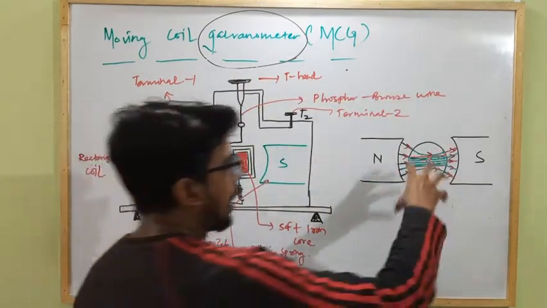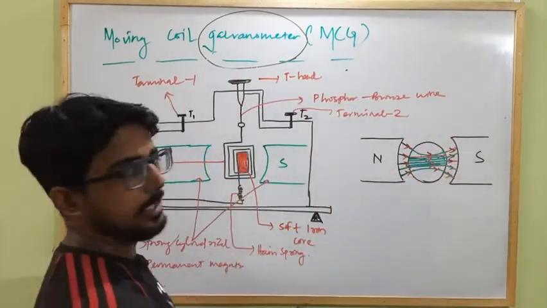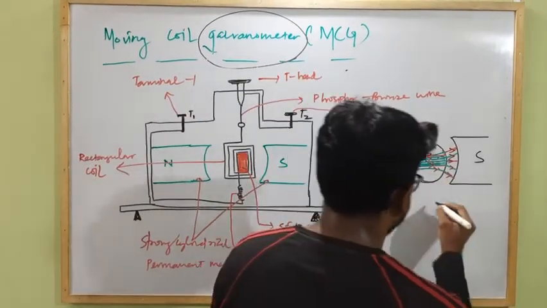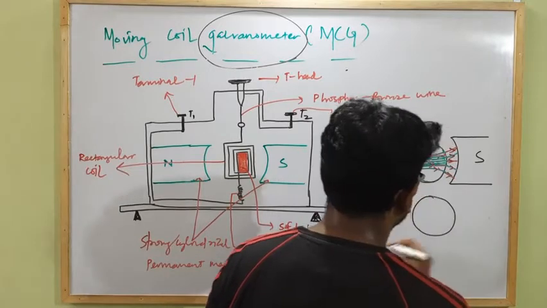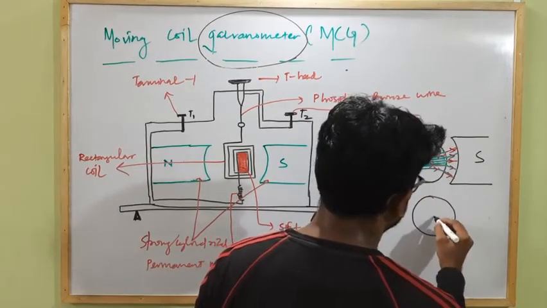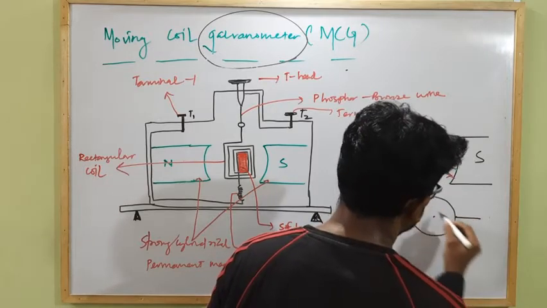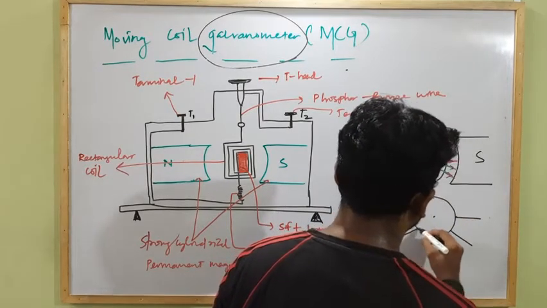But from outside the cylinder, they seem as if, if this is the core and this is the center, the field lines are along the radius of the core.